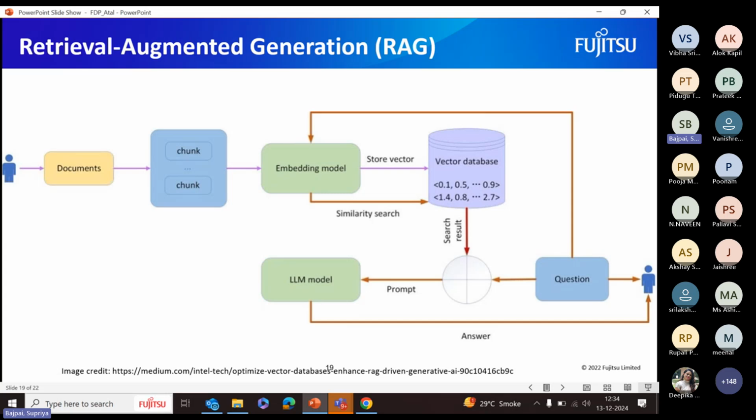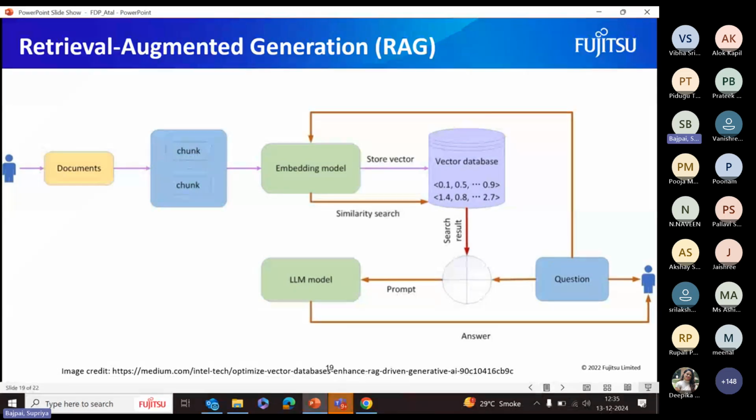A vector database stores embeddings as points in a multi-dimensional space. When you search for something, it finds the embeddings that are nearest to the query. There are many popular databases; to name a few, Pinecone is one, FAISS and ChromaDB.